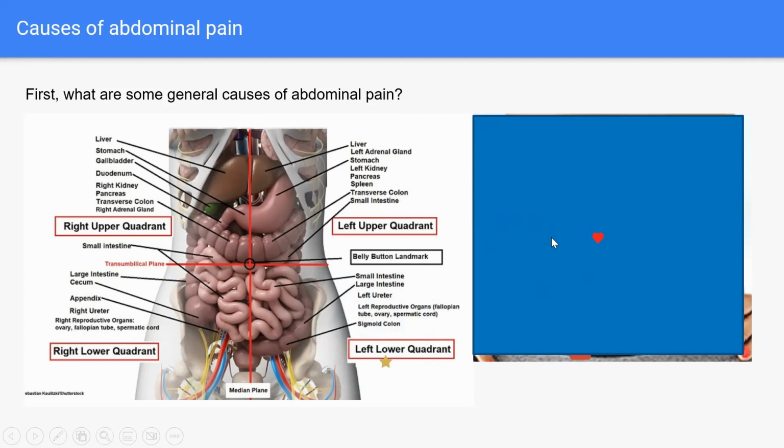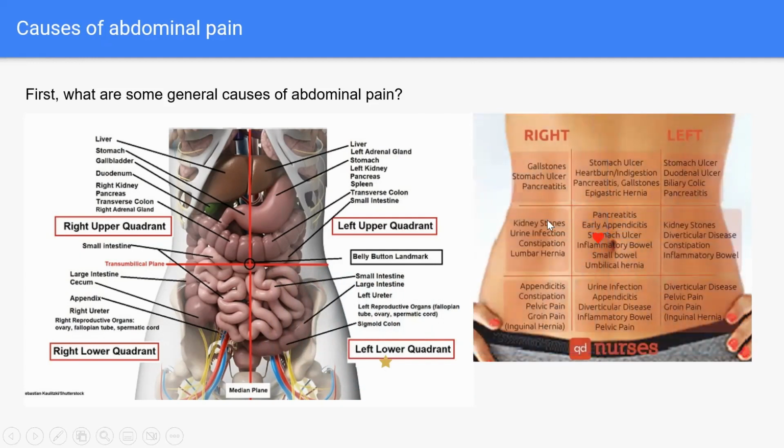Let's go to this picture here. So here is where they break it up into 9 quadrants. You can read through some of these yourself about some of the concerns as far as our differential diagnoses go when somebody comes in with abdominal pain. So for example, if they have some upper quadrant pain, it might be a stomach ulcer, whereas a stomach ulcer is less likely to present down here in these quadrants, right?